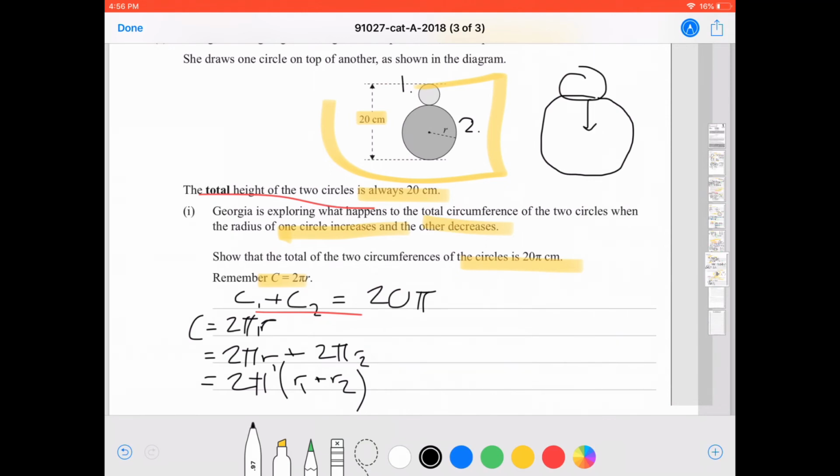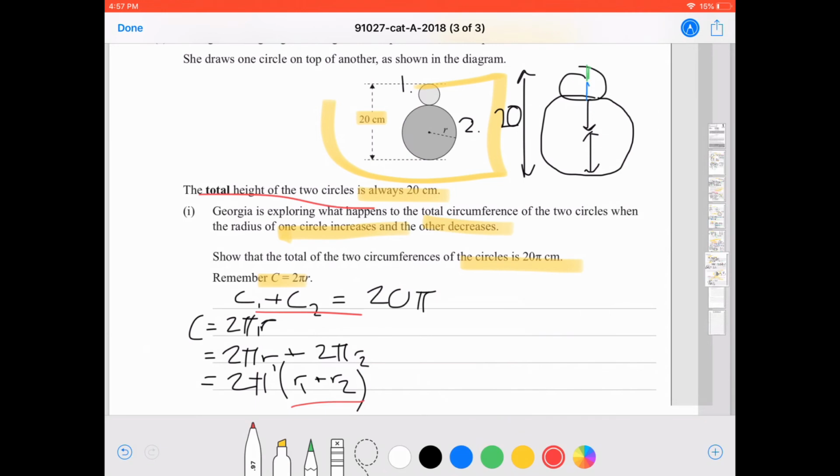Okay, so this is a radius, and this is a radius. Let's just draw this better. Okay, and we've also got a radius here and a radius here. And you notice I've drawn them stacked on top of each other, and the whole height is 20. Okay. In our equation here, we've got r1 plus r2.